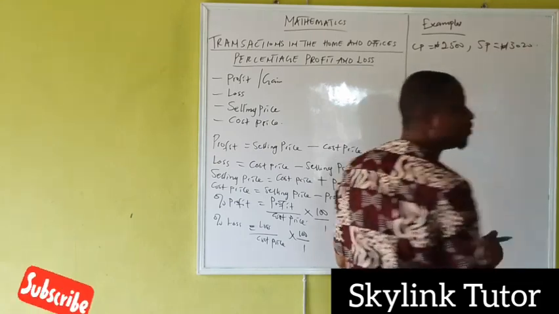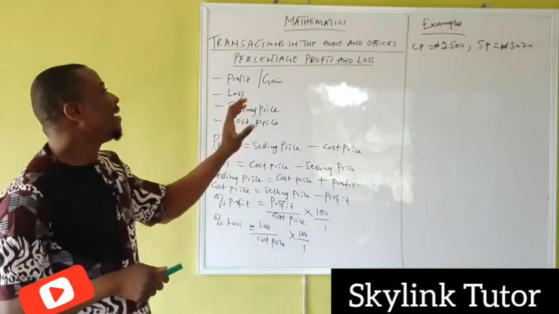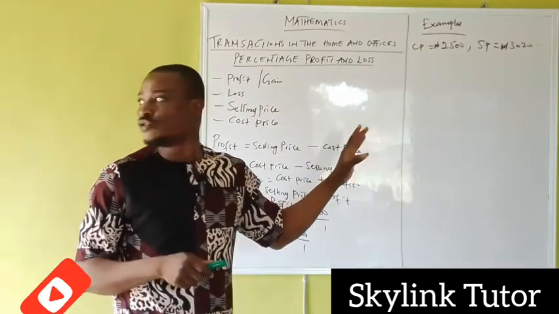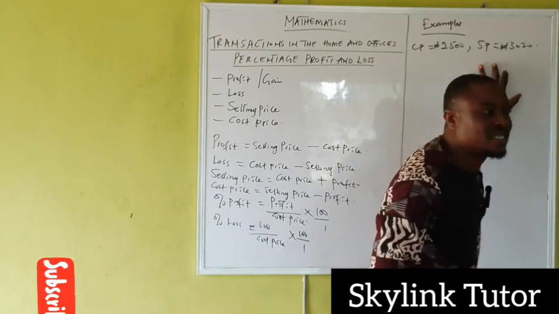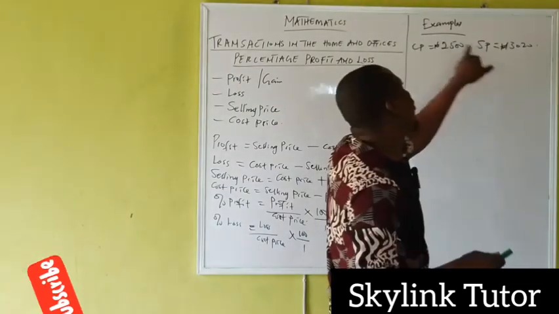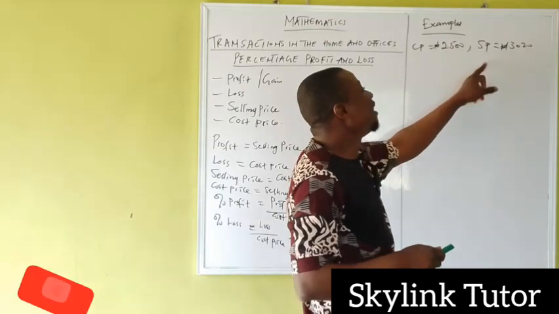Looking at this, for you to know whether you are making a profit or you are making a loss, if your selling price is higher than your cost price, that means you are making profit.